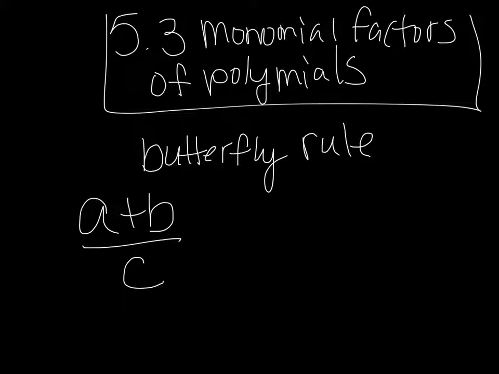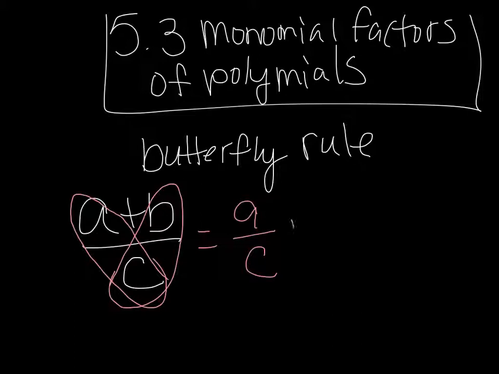Yesterday it was just A over C or it was just B over C. So now I have two terms in my numerator. So if I want to divide this, I have to take A and divide it by C. And then I have to take B and divide it by C.